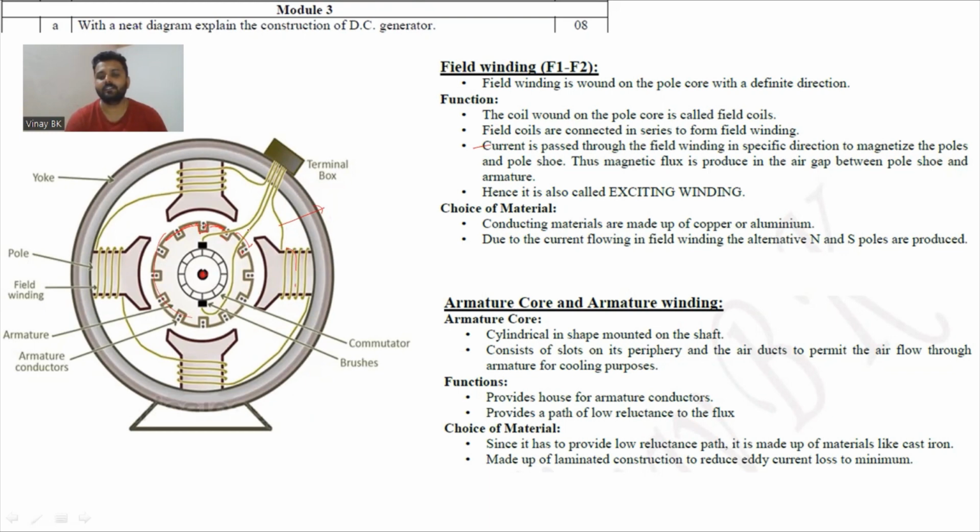The material is cast iron, and the construction is laminated.